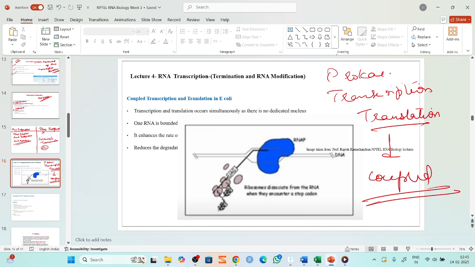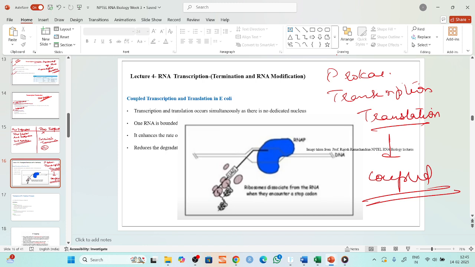The transcription is not completed yet, but still a ribosome has attached to this RNA and started the synthesis of protein. So here translation is also occurring and here transcription is also occurring.